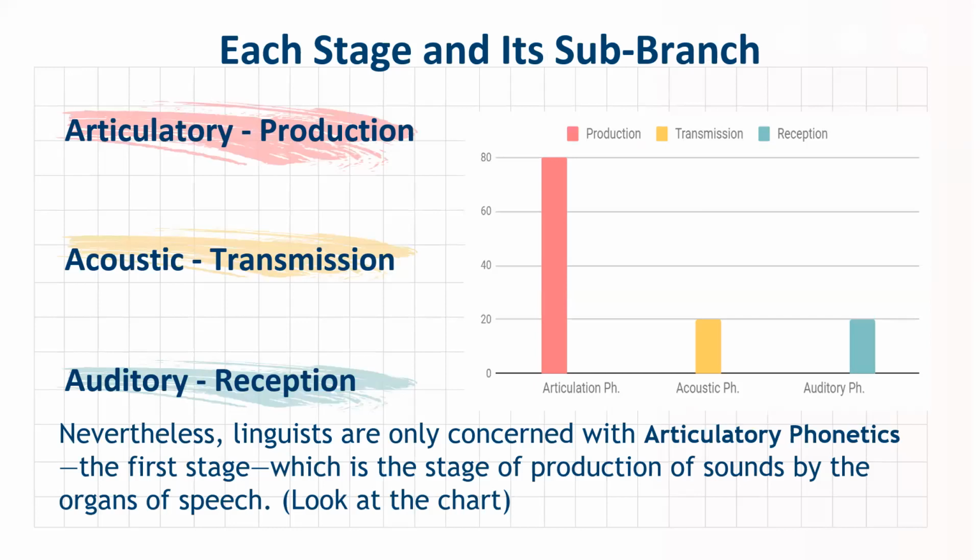Each stage has its own type of study: articulatory, acoustic, auditory. Yet we as linguists are only concerned with articulatory. So don't think that we will be studying acoustic or auditory. We will only be studying articulatory: how organs of speech produce sounds, and for each sound, which organ is responsible for its production.